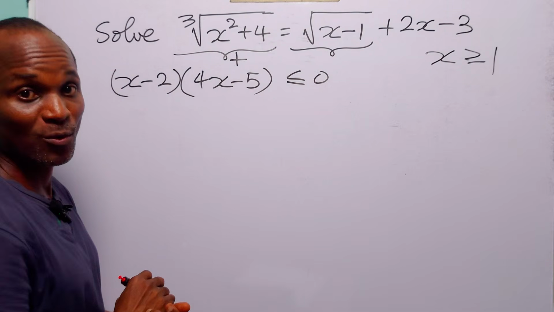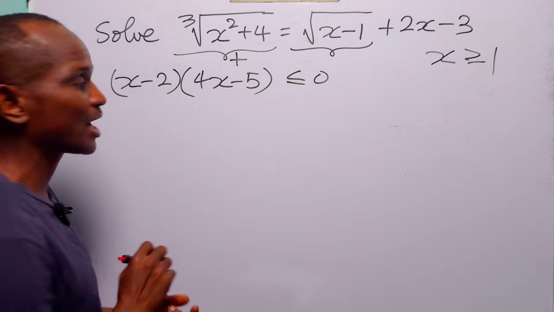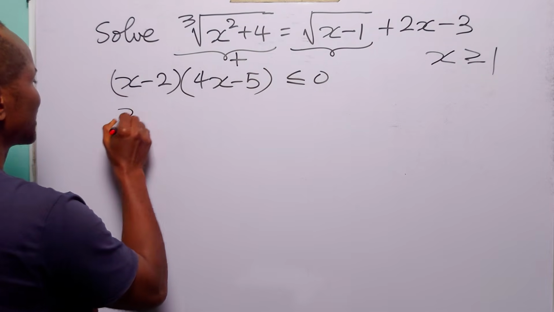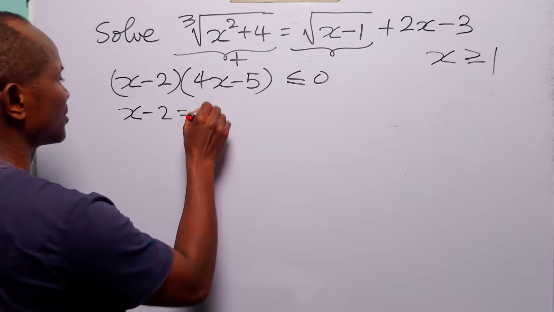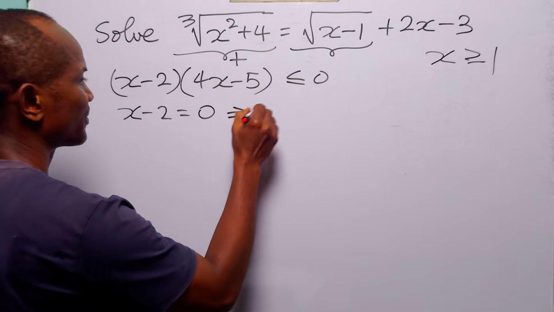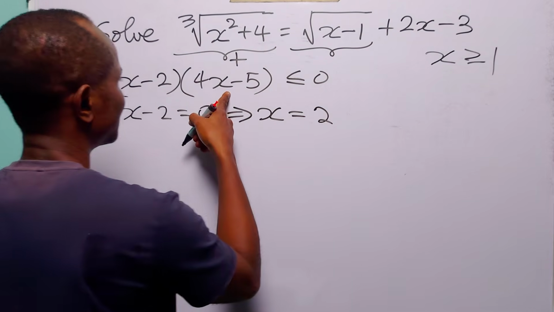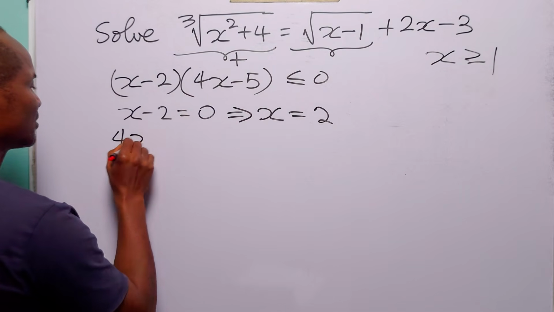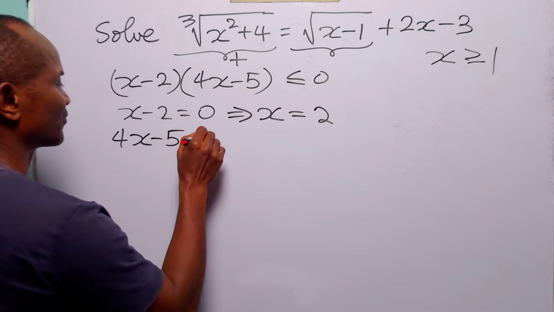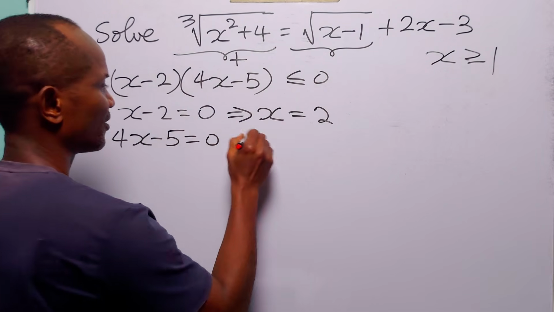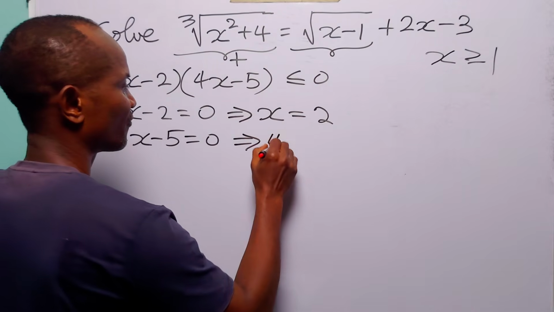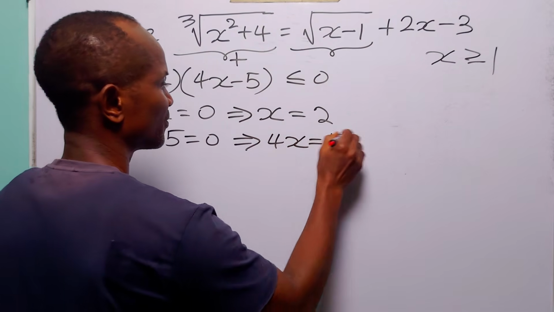Now, to solve this inequality, let us find the critical points. We have x minus 2 equal to 0. From here, we have x equal to 2. And then we have 4x minus 5 equal to 0. From here, we have 4x equal to 5.